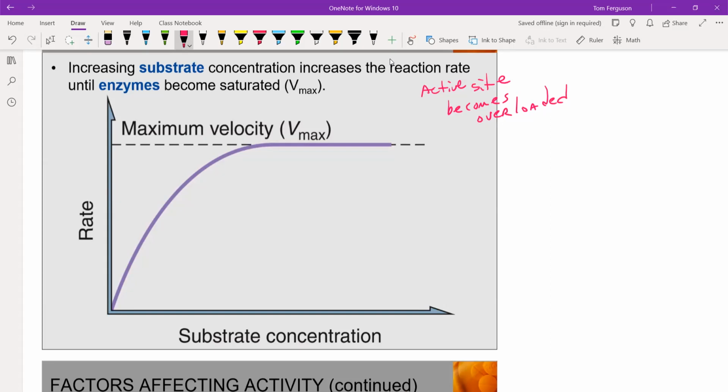You've got to clear some of this out, and that's what this graph shows. So your speed will plateau. It cannot go any faster than a certain amount. So it depends on the enzyme totally.